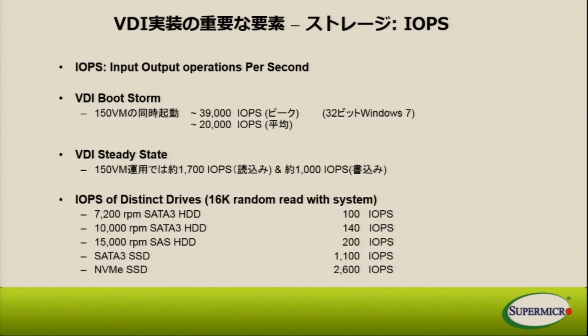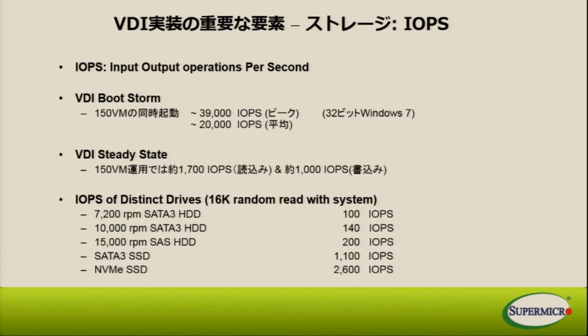SSD doesn't need to spin the disk and move the reader head, so SSD is much faster, like 5 times faster than a normal hard disk drive, at about 1,000 IOPS. And with NVMe there's no SATA layer or SAS layer, so it goes to PCIe directly, even faster. It goes up to about 2,500.